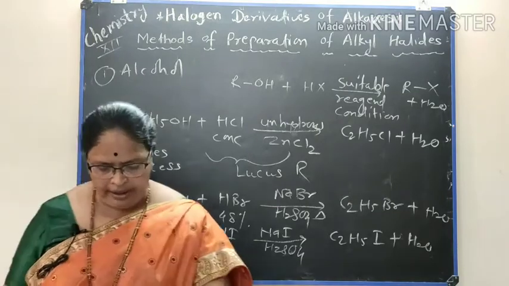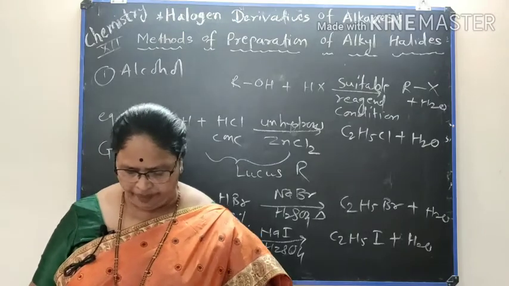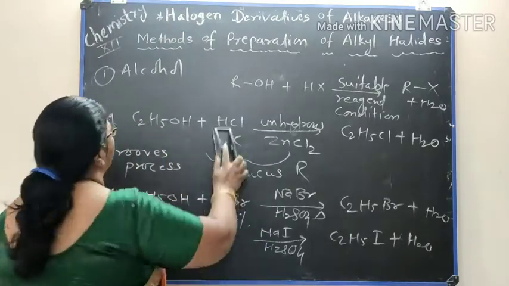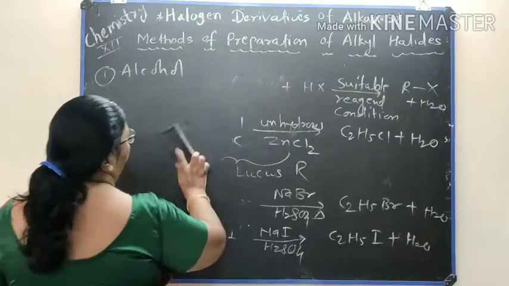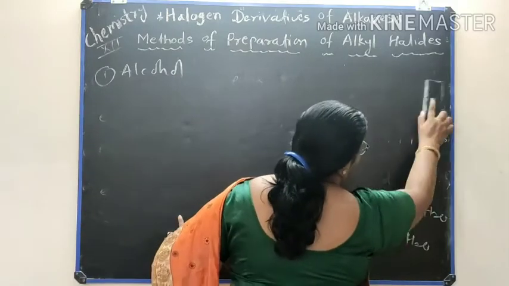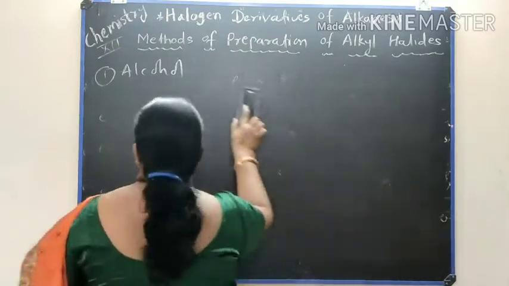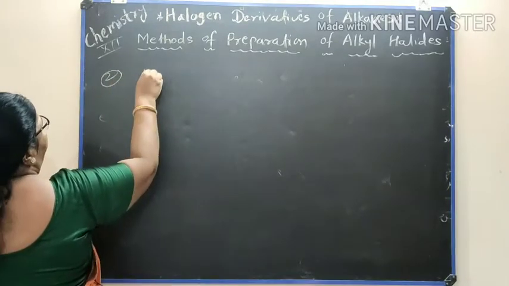Again we will see the next method, that is from phosphorus halide. Here there are two types of phosphorus halide, that is phosphorus trihalide and phosphorus pentahalide.